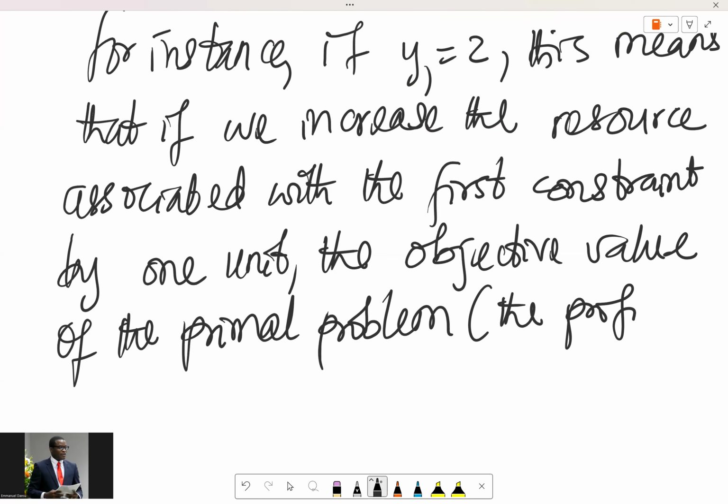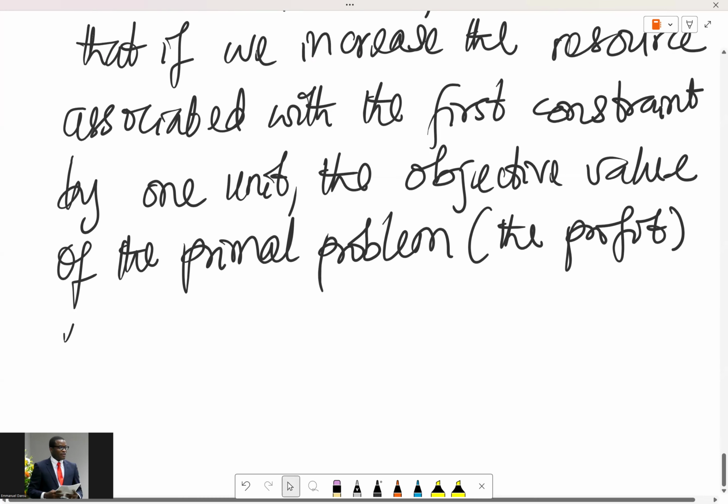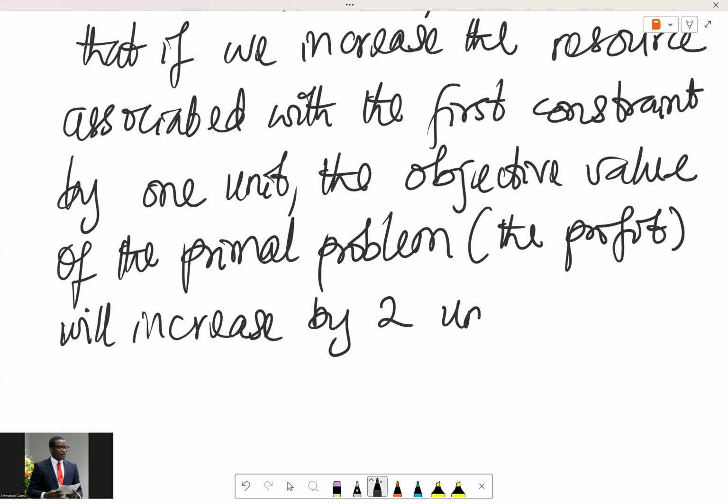So the profit will increase by 2 units. That's why it is called marginal value or shadow price.